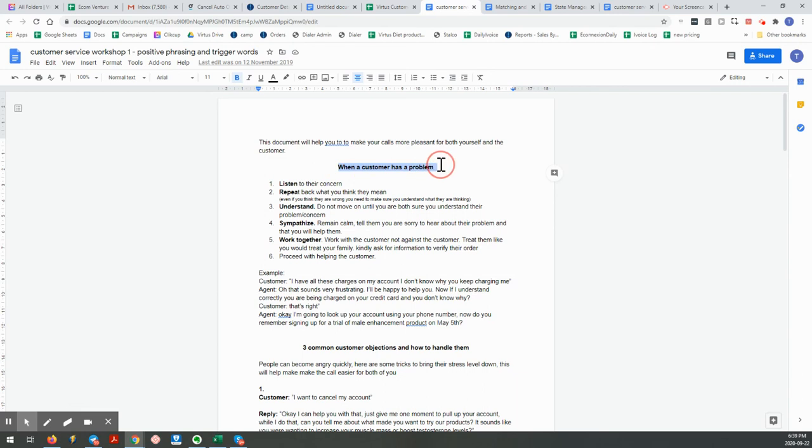In the very, very beginning of this document, what do we do when we answer someone's problem? We listen, repeat, understand, sympathize, and then we work together on a solution. I want you guys to know that we're not fighting customers here. We're trying to work together. It's not like it's us against the customers or the customers against us. We're really on the same team. We're both trying to help each other out here.